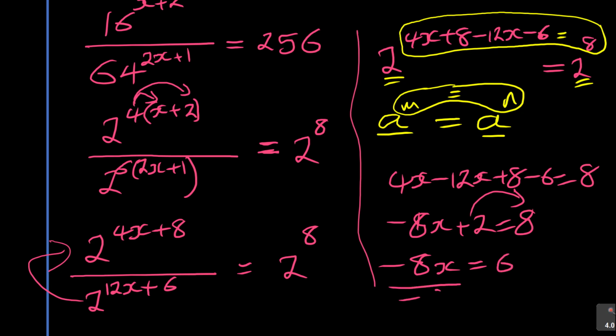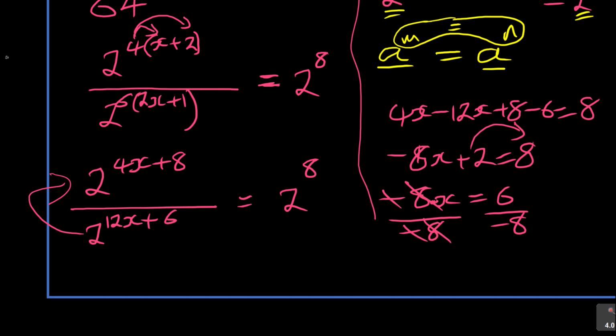Then divide by negative 8, divide by negative 8. Why am I dividing? Opposite of multiplication, there is division. Don't forget, don't divide by 8, divide by negative 8. Why? That negative must go, the 8 must also go. Don't just divide by 8, you will lose it. Then x, if you use a calculator there, it will become minus 3 over 4.